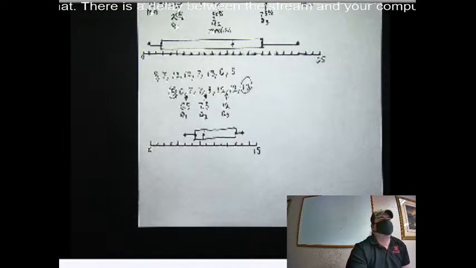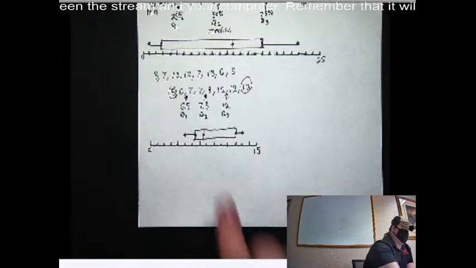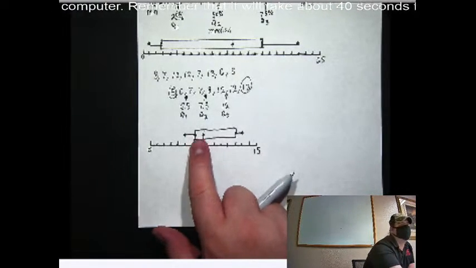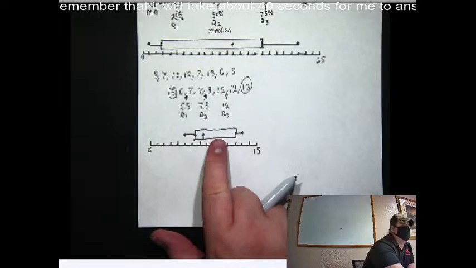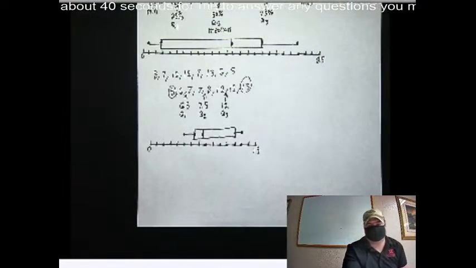Okay. So this one's almost got the opposite thing going on. From our 25% to 50% range, pretty tiny. There's a much larger distance between our 50% and 75% range.